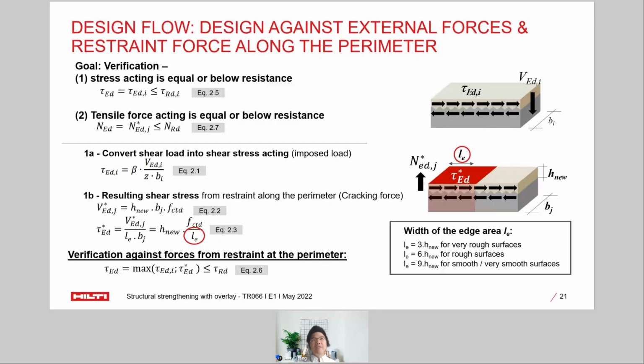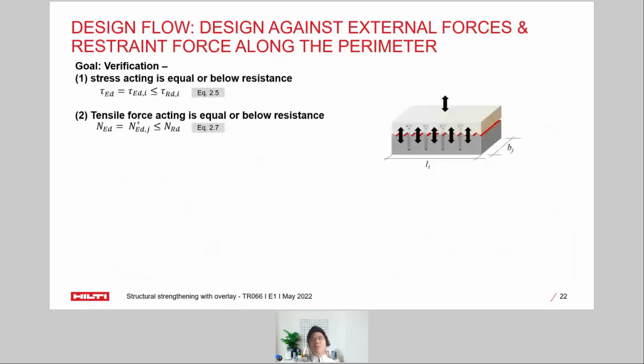So after we cover number one, the stress acting there, then here we also need to take care of the tension force acting there. Simply because just imagine when the top layer of concrete is having a strain, this will create an uplifting force that tries to uplift the connector. That's why it's very important for us to compare that the tensile force is below the resistance of the connector system.